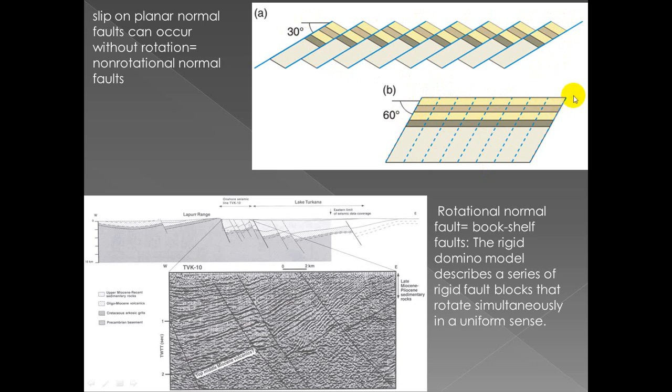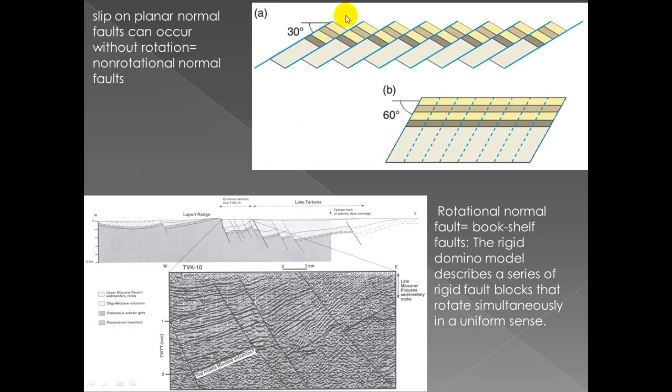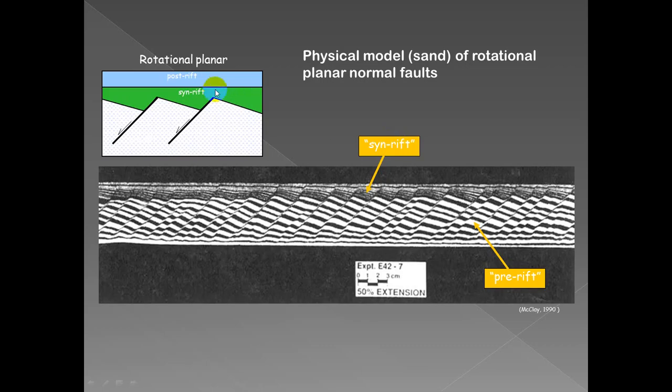But due to the stretching, this vertical thickness decreased to be less than T naught. Due to extension, some basins or space developed. This received what's called thin rift sediments, and after the faults stopped, the post-rift sequence developed.